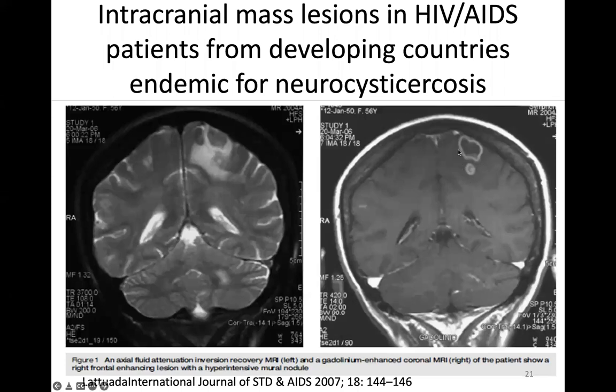And then the next image, where you have this ring enhancing lesion, is where you have given contrast on your T1 image, with gadolinium. So you see ring enhancing lesions, but you don't see much of that edema.